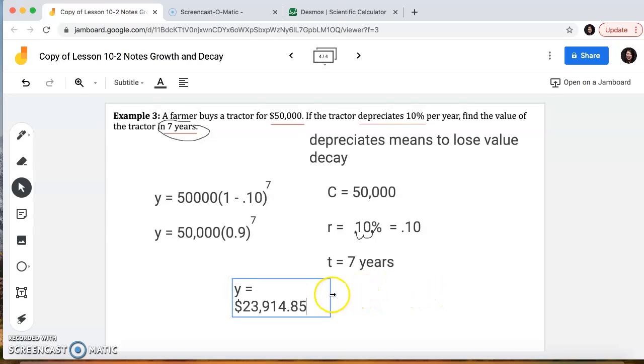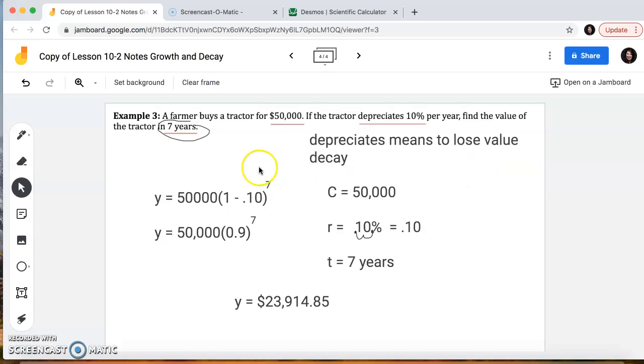So depreciates means that it's losing value. That's the thing about when you buy something new, whether it's a tractor or a car. If you buy a car, they say the second you drive that brand new car off the dealership lot, it immediately loses value. The car is no longer worth as much as you paid for it, because it's now being used.